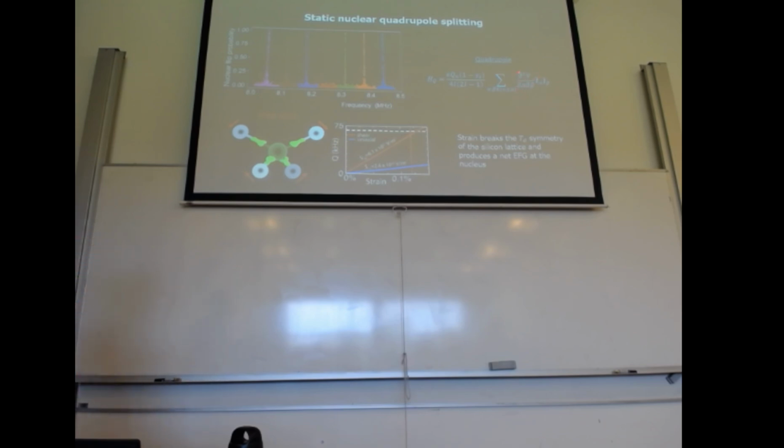This is not 9 independent variables. This is a conservative field, so you have 5 independent variables in this interaction. But it's a matrix term. You have all these products of spin operators in there.